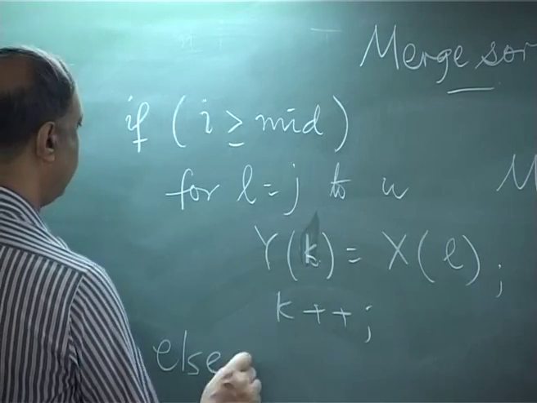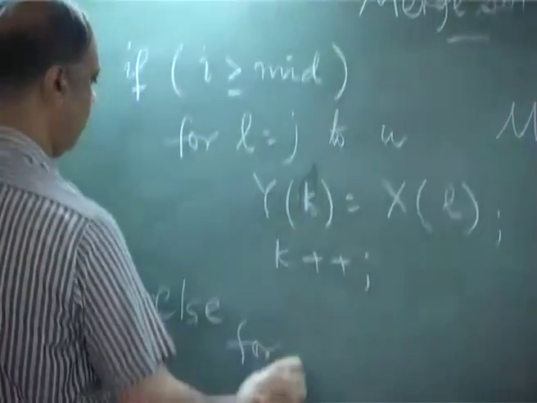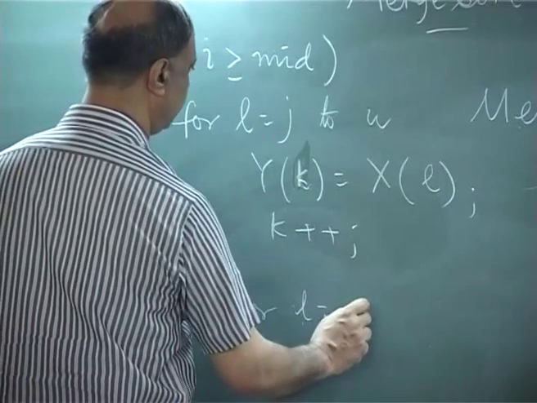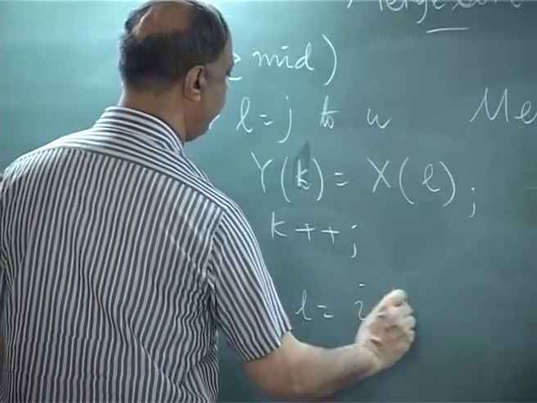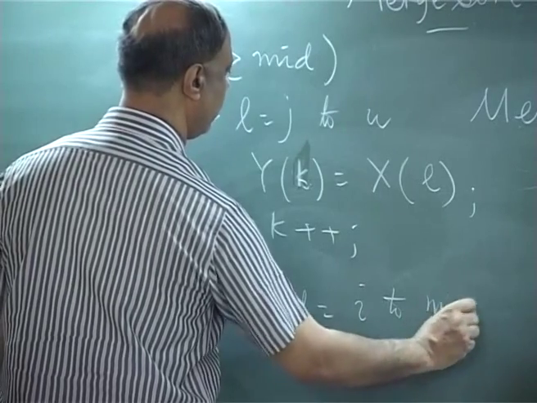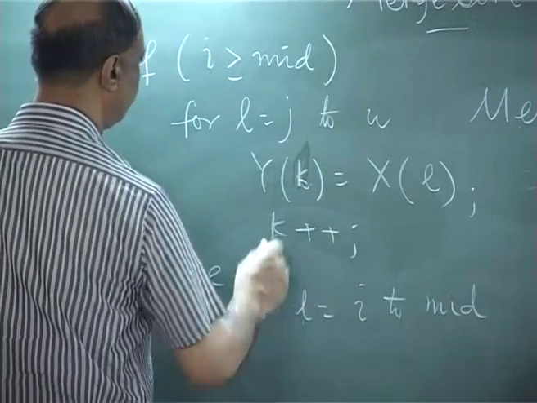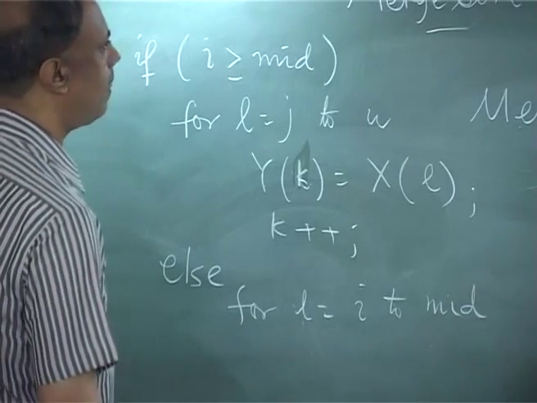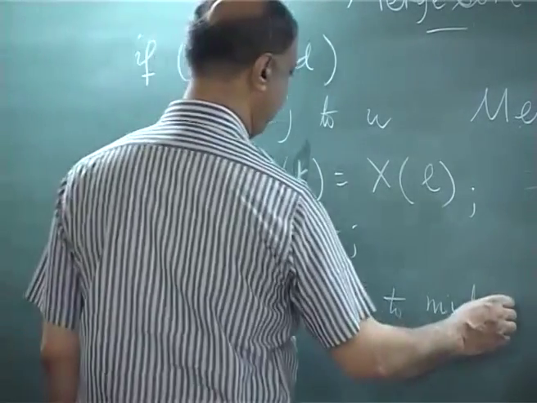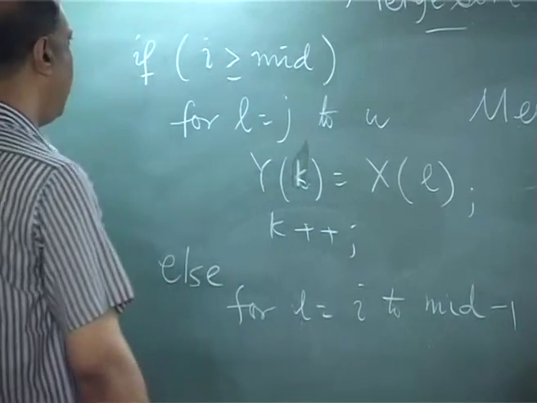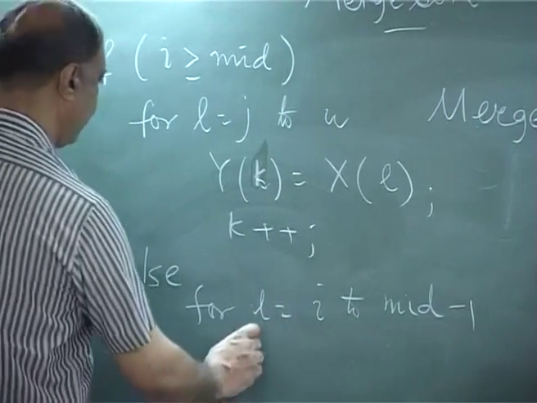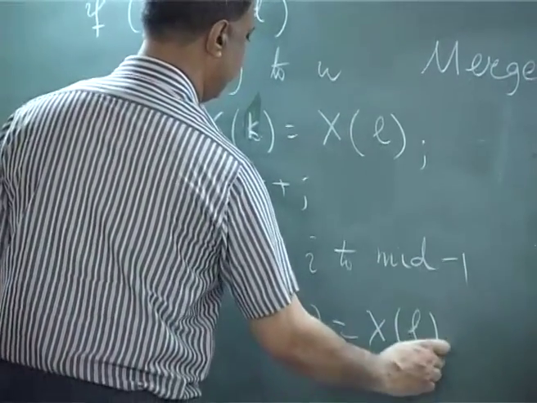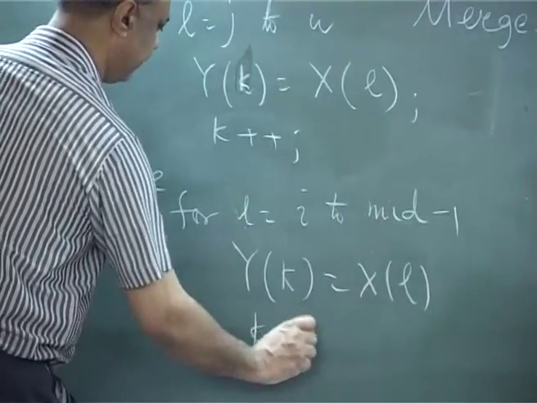Else, for L equals I to mid minus 1, y of k is x of l and k is increased by 1.